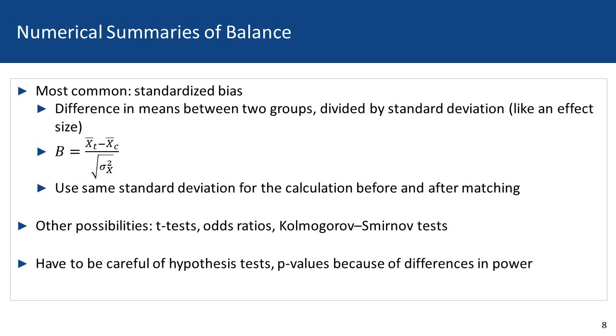One thing to be a little careful about is that things like t-tests that use a p-value or some formal hypothesis test can be challenging in this context because they conflate balance with sample size and differences in statistical power. What's nice about this standardized bias is that it really focuses just on the covariate balance and is not affected by changes in sample size.